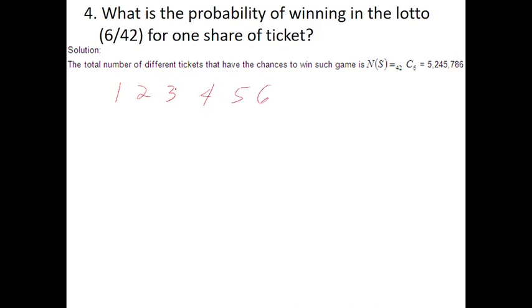So, sa mga anim na yan, okay, isang ticket lang yan. 1 share of ticket lang yan. Bawa, meron ako ditong 6, 5, 4, 3, 2, 1. Tumutukoy din siya sa isa. Take note 1 share of ticket din yan.